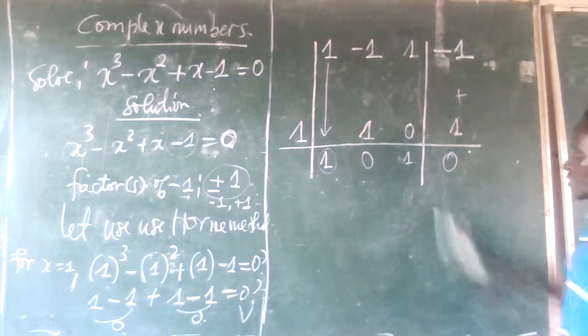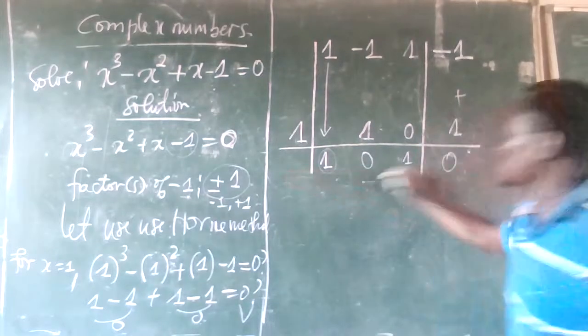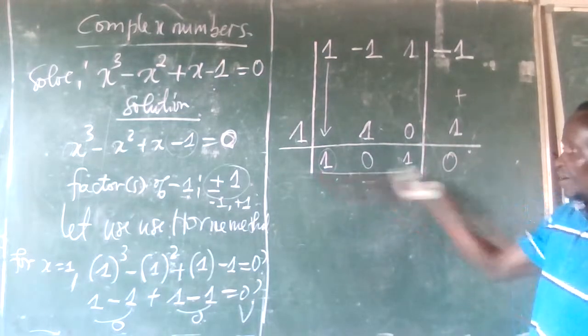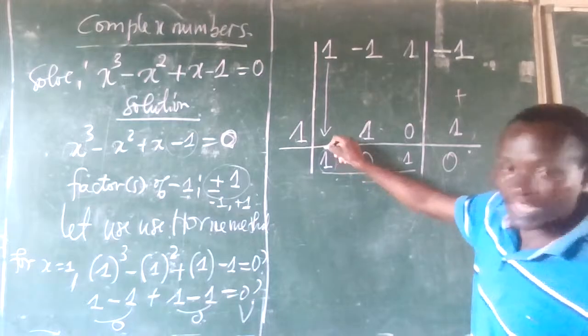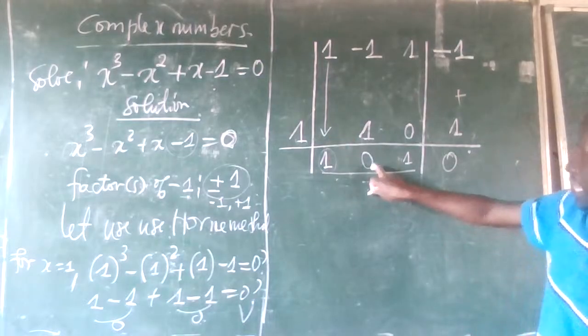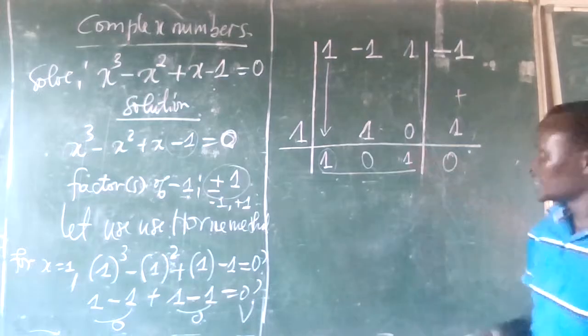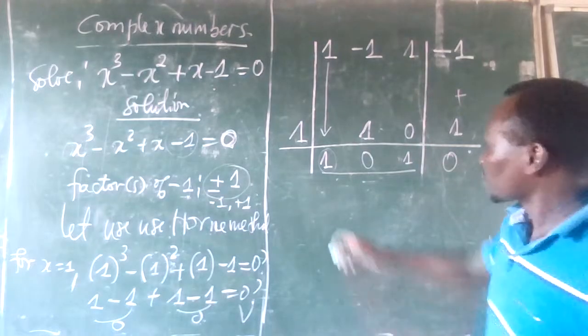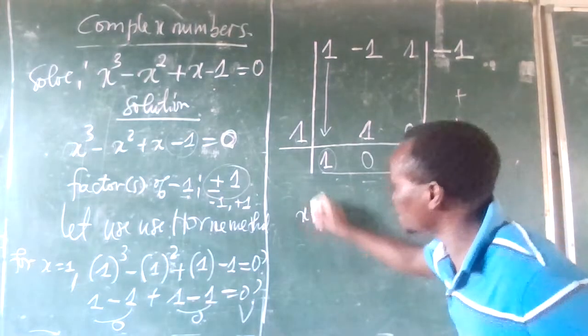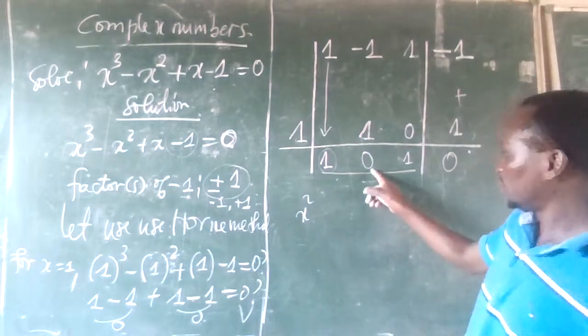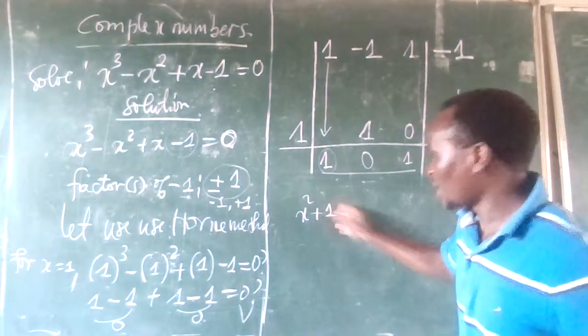So now here, we remain with x squared, here it is x, and the number which has no x. Finally, we have x squared plus 0 x plus 1.